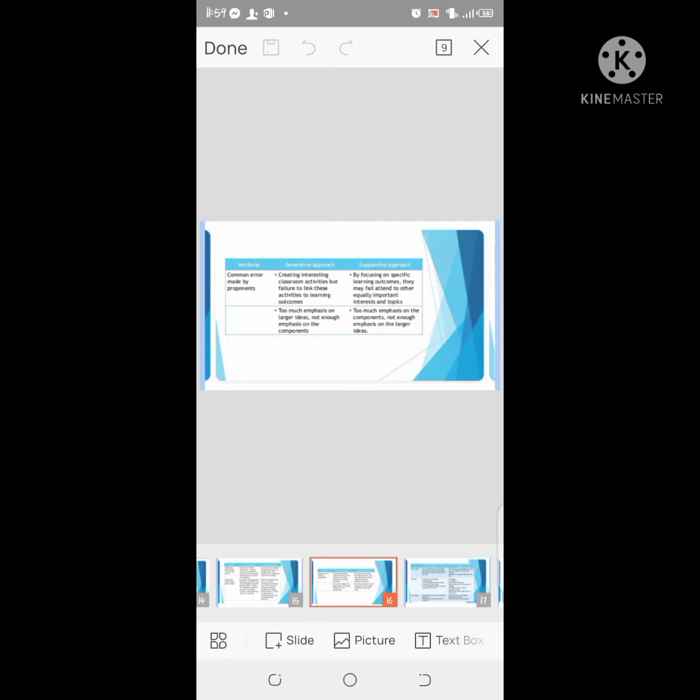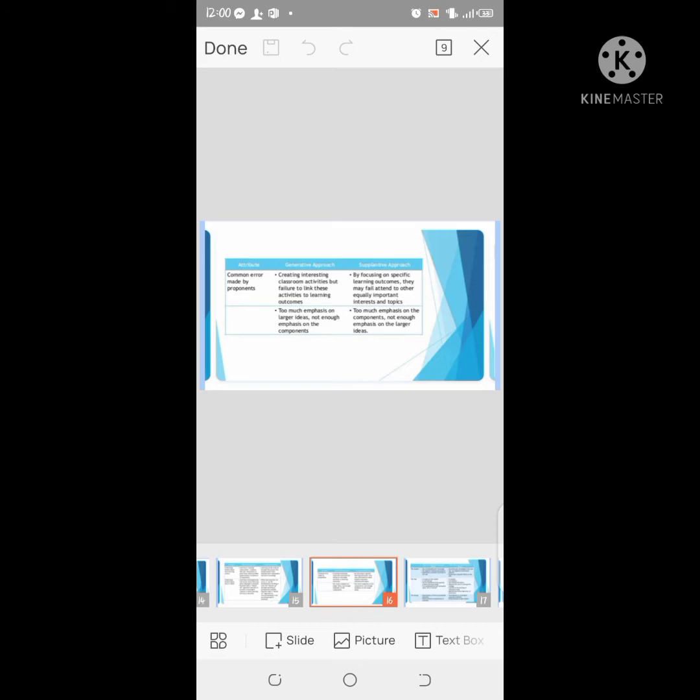For the supplementive approach, the common error made by proponents is that by focusing on a specific learning outcome, they may fail to attend to other equally important interests and topics.